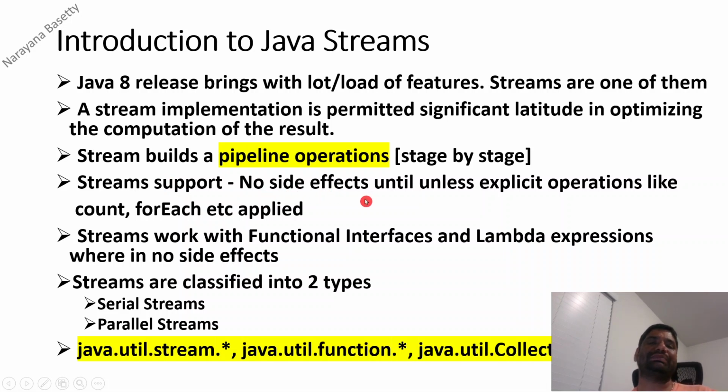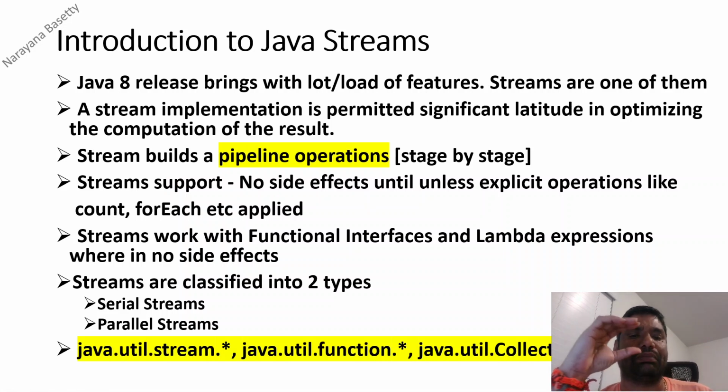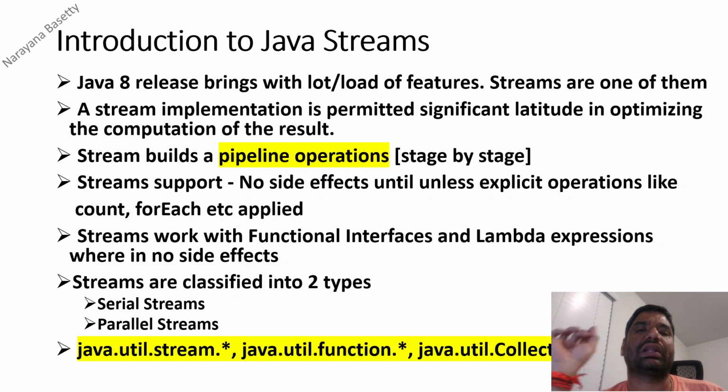Streams support no side effects. What is meant by side effect? Say I have a bunch of 10 records. From the 10, based on some logic, I'm going to reduce to 5 records. That means you are not going to change any of the data. Say I have a record of three fields: ID, name, and salary. For example, 10 records are there. Based on the employee's salary, whoever's salary is more than some number, you want to filter.